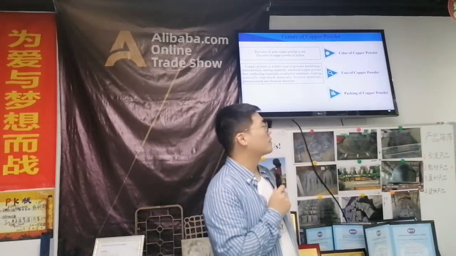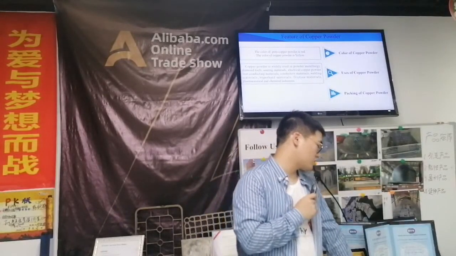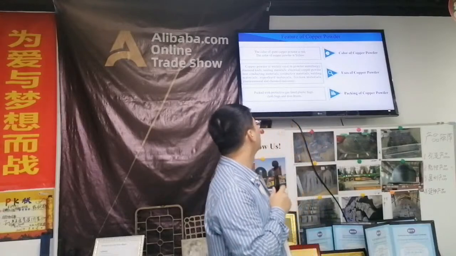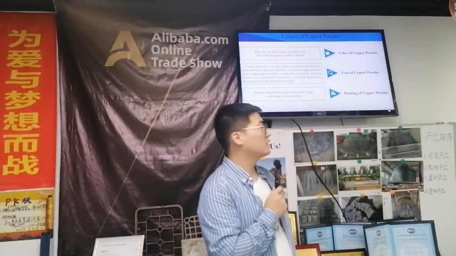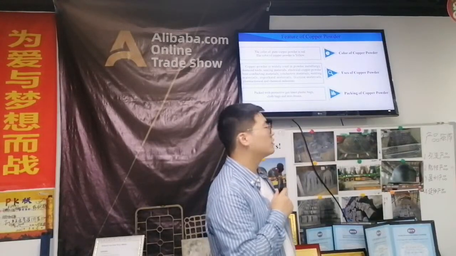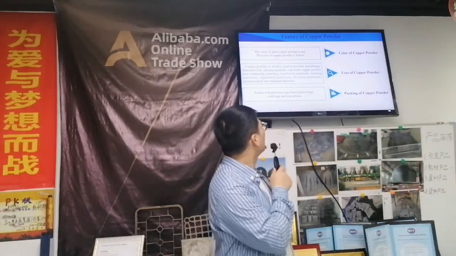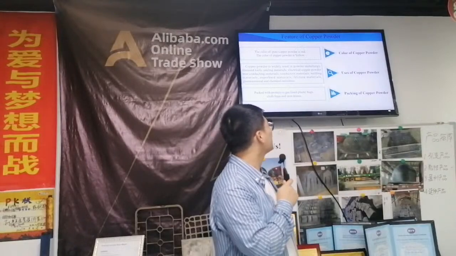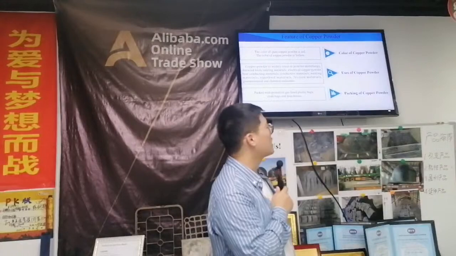Due to the copper powder being also a metal powder, the package has a little difference, but usually they are packaged with protective gas, lined plastic bags, cloth bags, and iron drums.